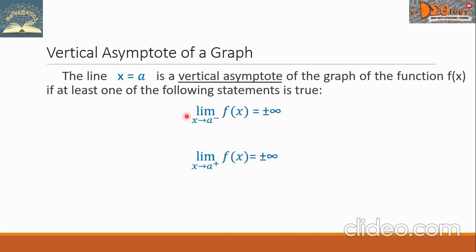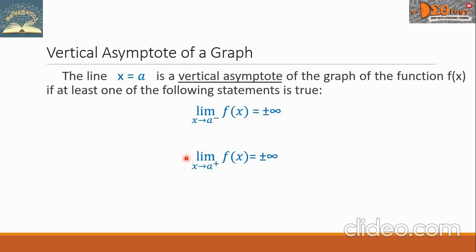This is the first statement. This is about the left-hand limit. So this is the limit of the function f of x as x approaches a from the left equals positive or negative infinity. The second statement is about right-hand limit.